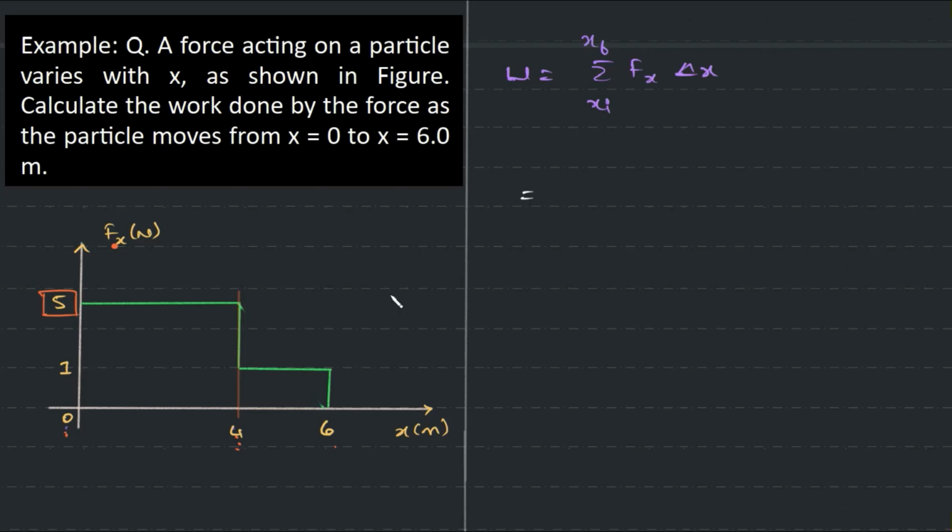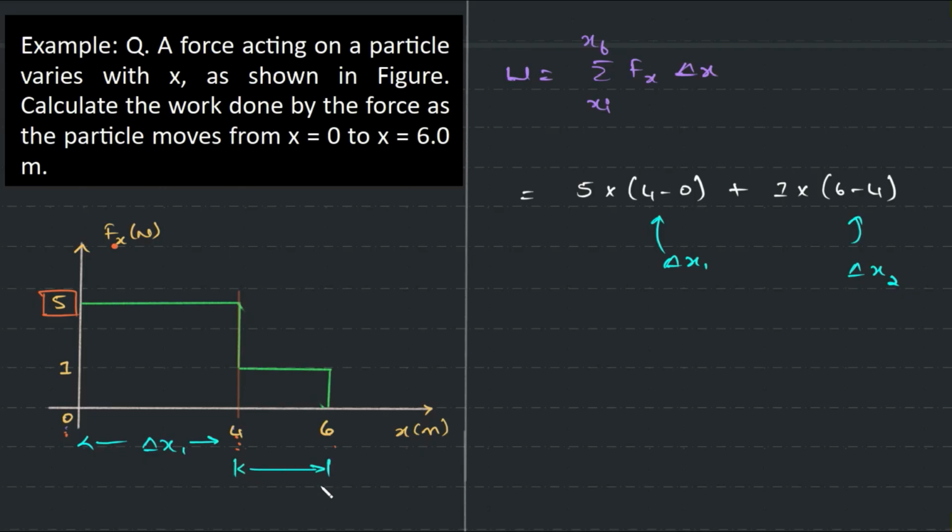So in our case, it would be force 5 times (from 0 to 4) plus 1 times (6 minus 4). That's your displacement 1 and 2. I can categorize this as my first and this as my second displacement.